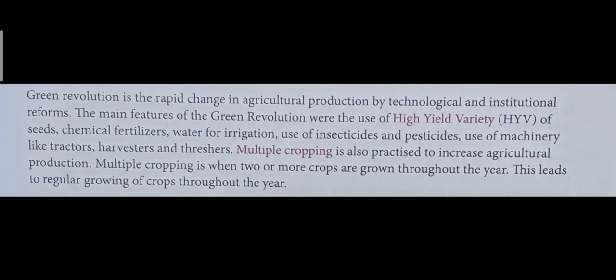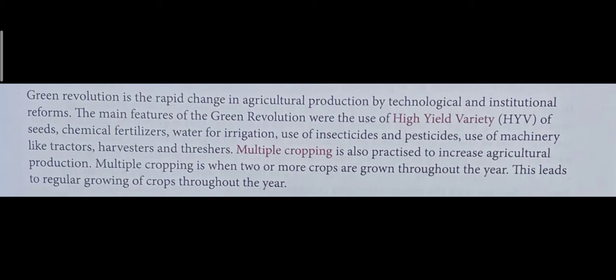The main features of the Green Revolution were the use of high yield variety, which means HYV seeds, chemical fertilizers, water for irrigation, use of insecticides and pesticides, and use of machinery like tractors, harvesters and threshers. So what are the main features of the Green Revolution?